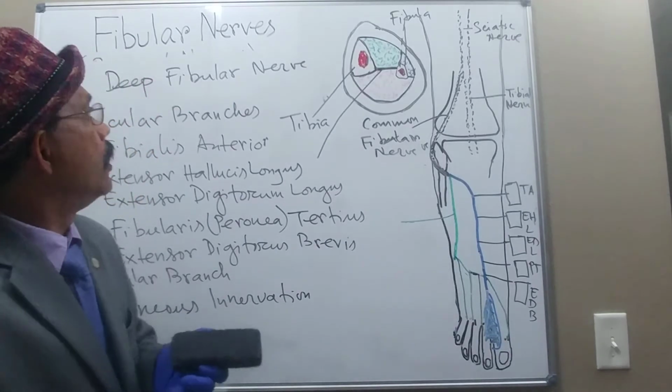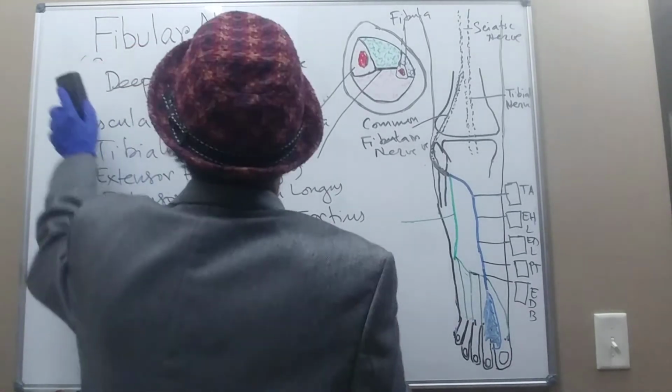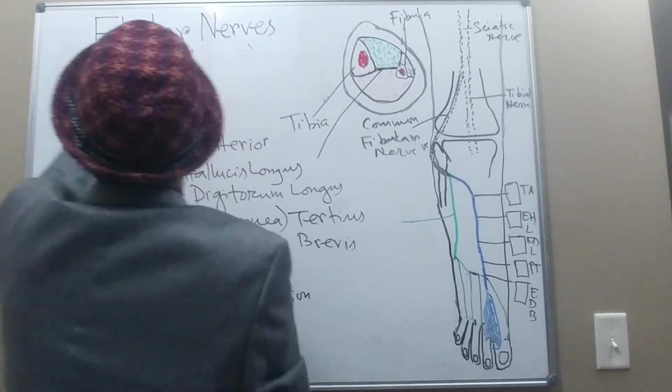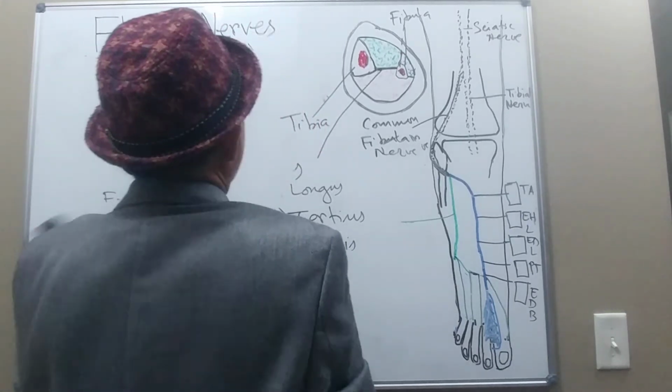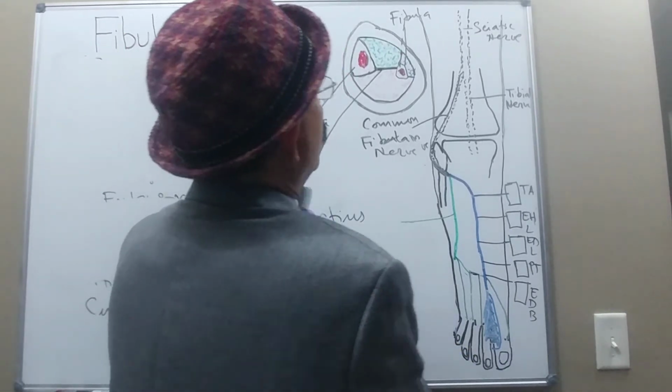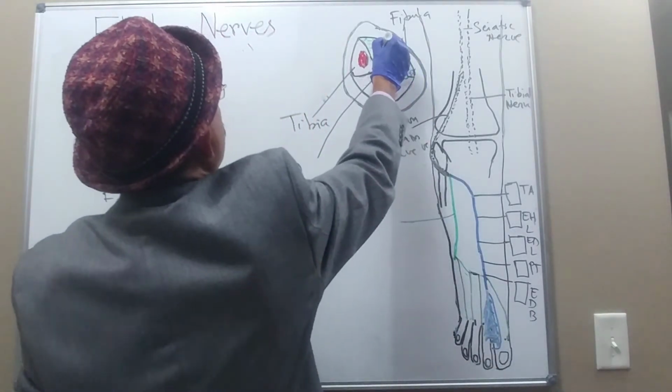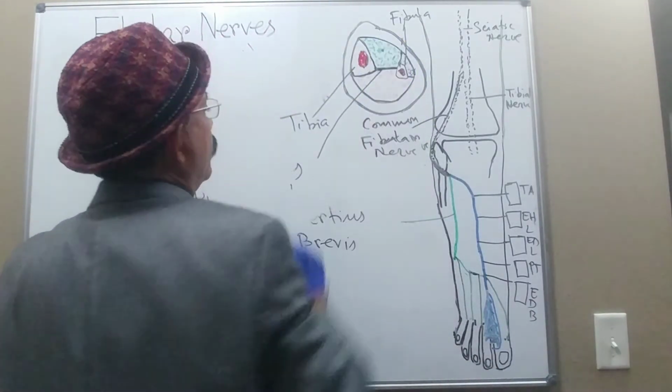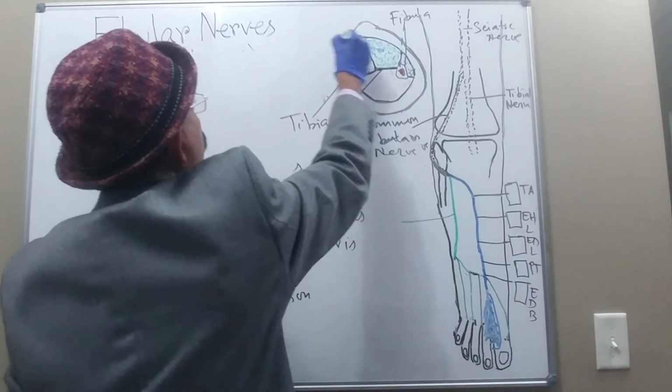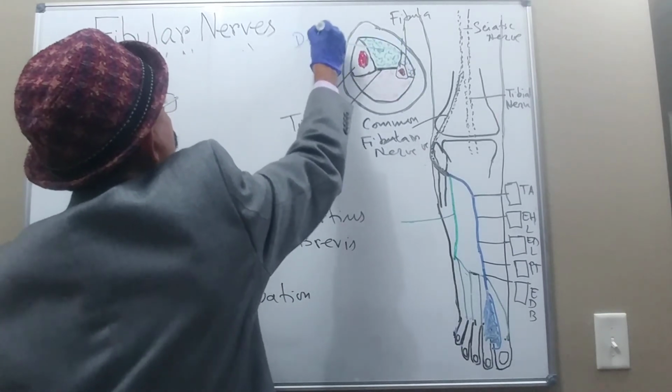Okay, we got the deep fibular nerve. Then we'll go to the superficial fibular nerve. Okay, so these muscles are innervated by the deep fibular nerve. Here is the deep fibular nerve.